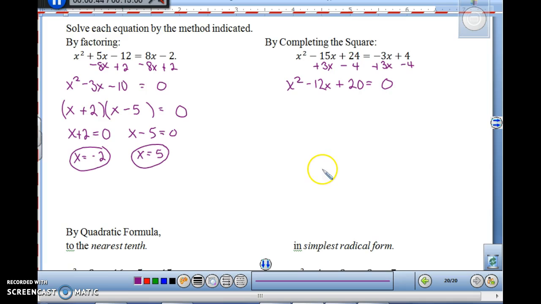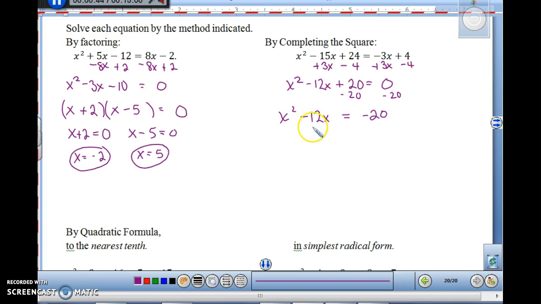All right, now I want to complete the square. So when I complete the square, I want to move the c value over. Remember, the c value is the third term, the constant term. So I'm going to move that over. X squared minus 12x is equal to negative 20. Watch your signs. Now remember, when you complete the square, you have to take half the b value and square it. Remember the b value is the term on the x here, which is negative 12.